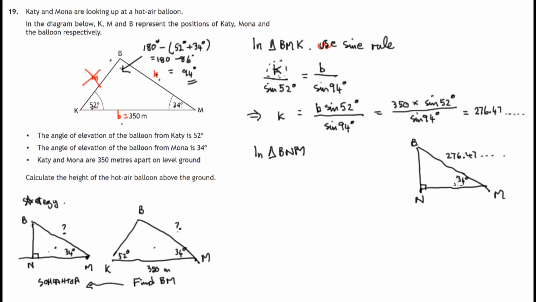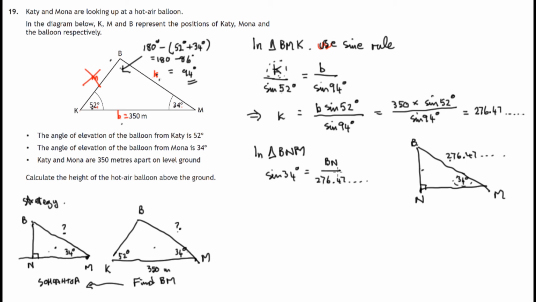Well, knowing this angle, the opposite and the hypotenuse, that involves the sine. So the sine of 34 degrees is opposite BN over hypotenuse, which we know is 276.47 and so on. And remember, we're trying to get BN on its own.